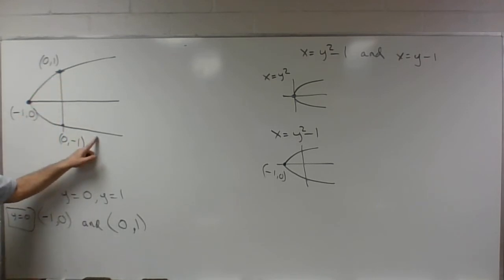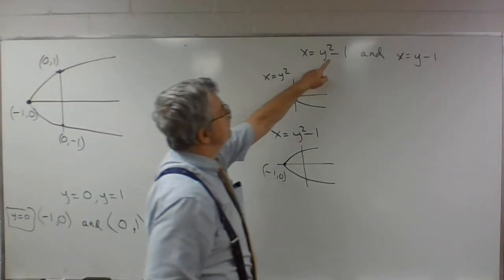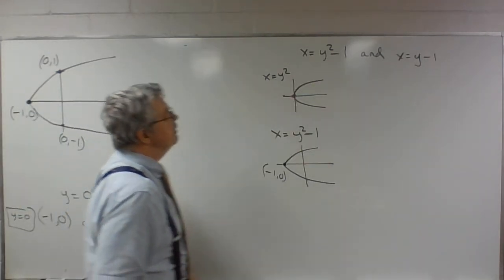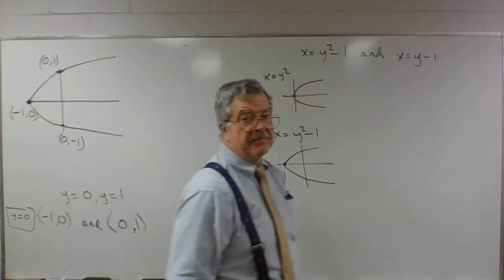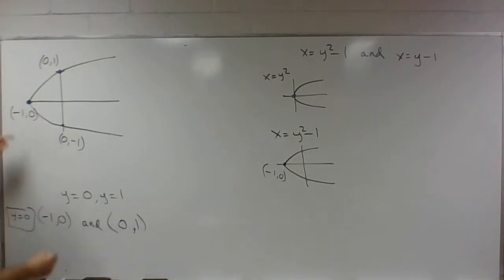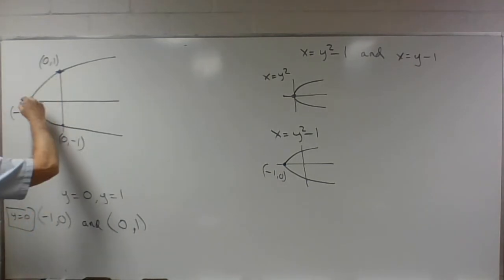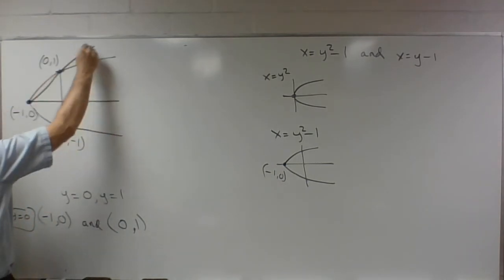We've got the graph of x equal y squared minus 1 plotted. And this thing is just a line. And guess what? We know 2 points on the line, so how hard can the line be to draw?